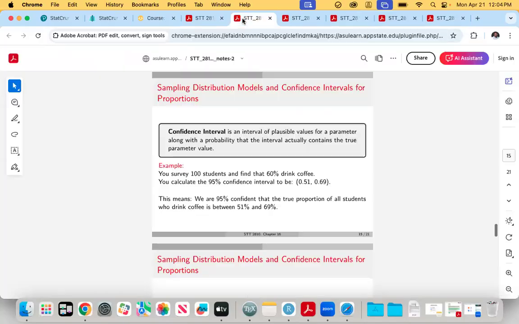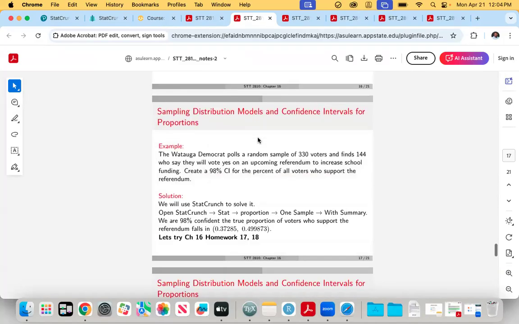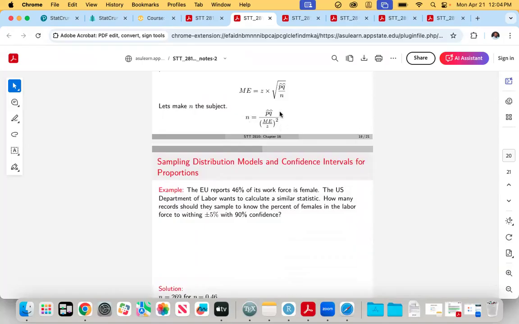So when we go to chapter 16, we have this formula here. This N here gives us the formula to determine the sample size we need. So let's try to write out that formula.